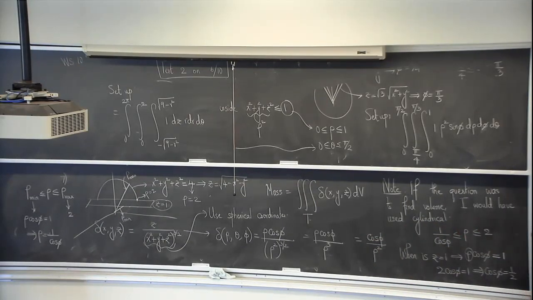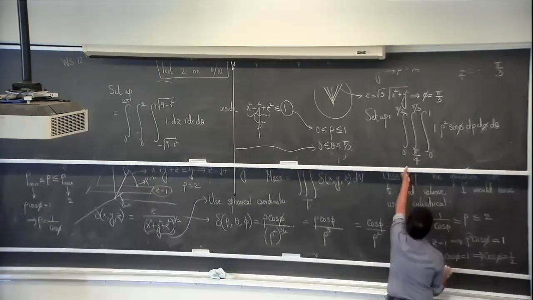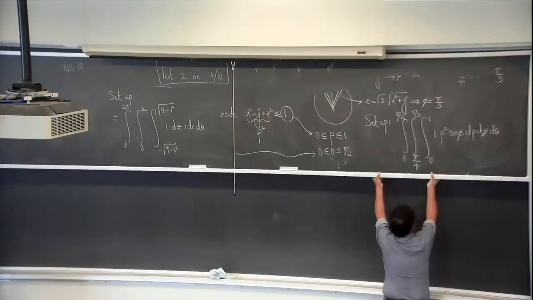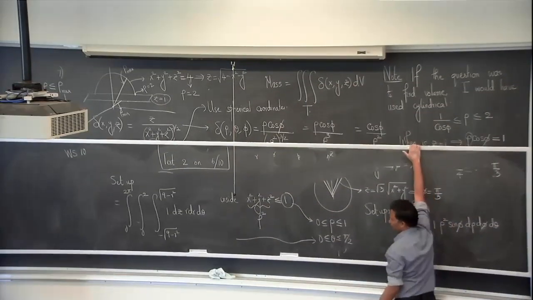And that phi should be a familiar angle. What is that? Pi over 3, right? Cosine of 60 degrees, which is pi over 3. So phi is pi over 3.